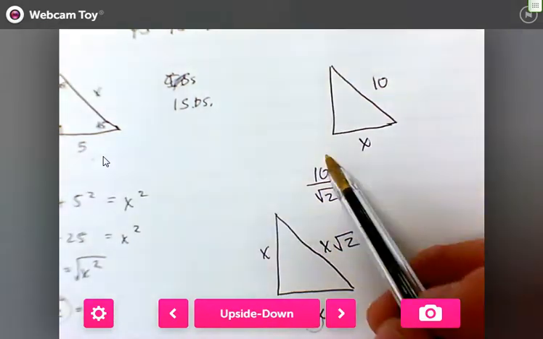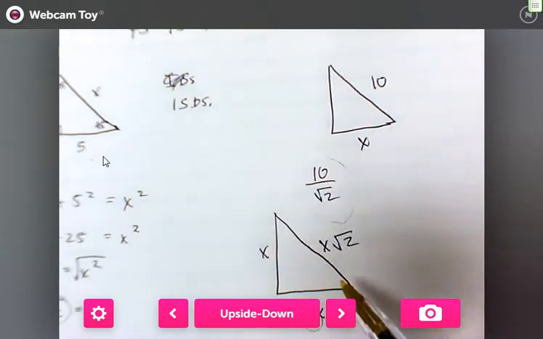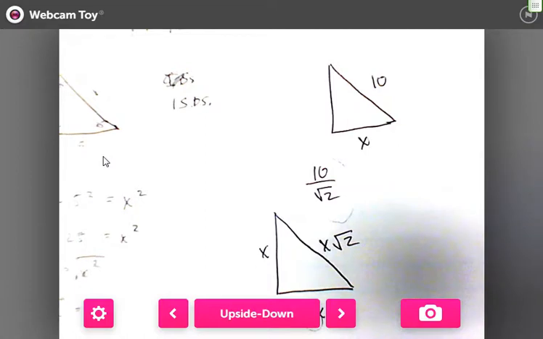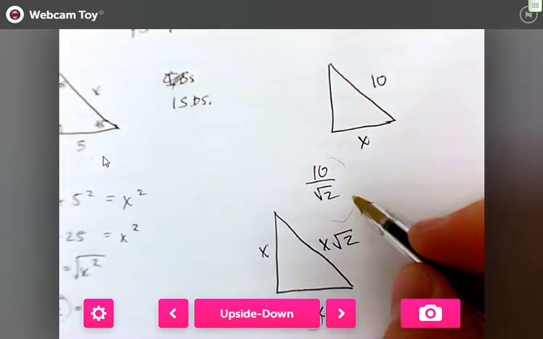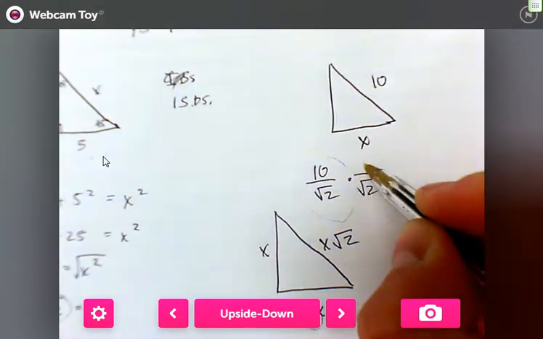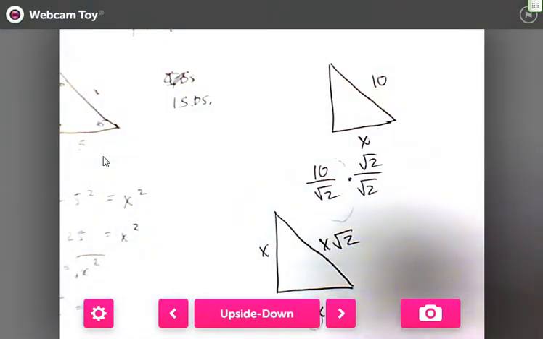Now, is this an okay way to keep our answer? No. So how do we get the square root out of the bottom? Multiplication. And so what do we multiply the top and bottom by? Square root of 2, good. So we've got square root 2 on the top and square root 2 on the bottom.